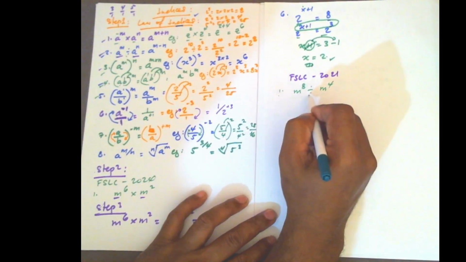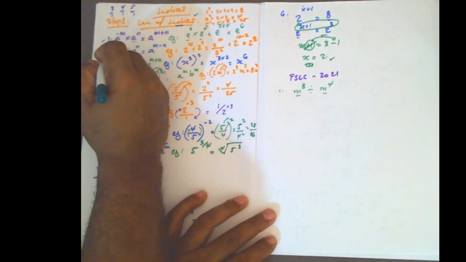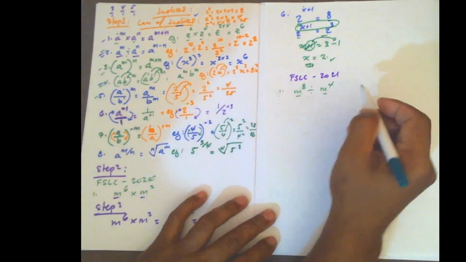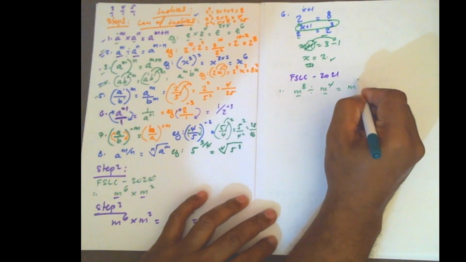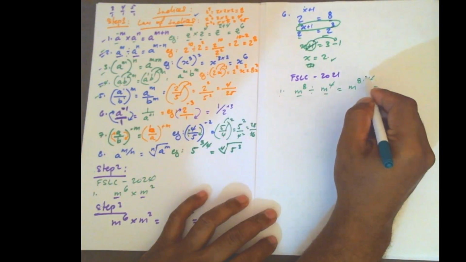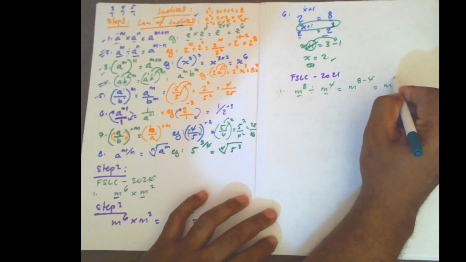Now, since they have the same base, and since they're dividing, we'll subtract the power. So this is m to the power of 8 minus 4. What is 8 minus 4? That is m to the power of 4.